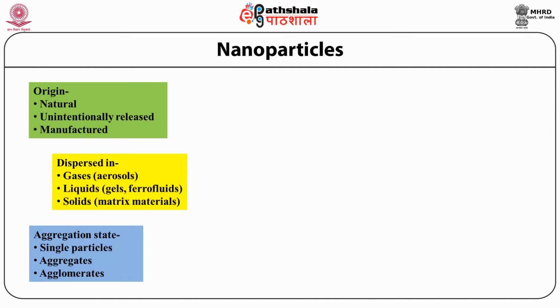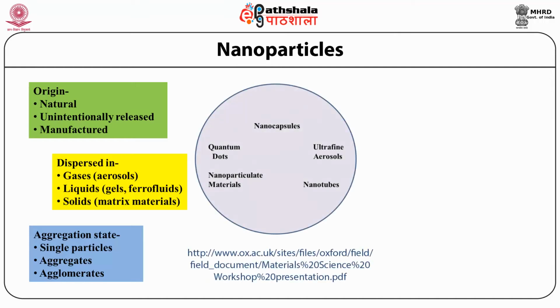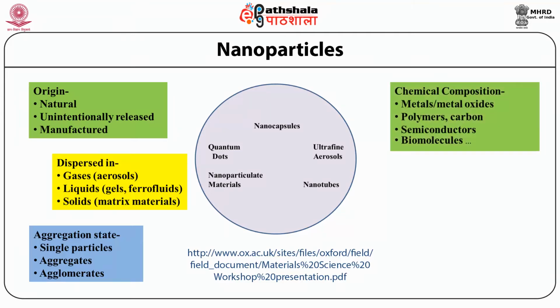Nanocapsules are of different forms: nanocapsules, quantum dots, nanoparticulate materials, nanotubes, ultra-fine aerosols. Their chemical composition consists of metals, metal oxides, polymers, carbon, semiconductors, biomolecules.